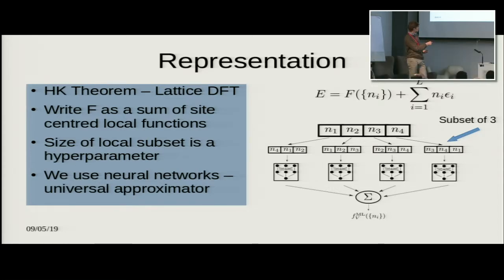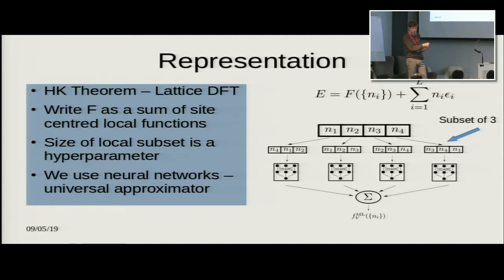So we write this universal function as a sum of site-centered local functions. For example, say we have a lattice with 4 sites, and we use a subset of 3. For each site, we take the first nearest neighbors, and so we have a subset of 3. Then we put this into a neural network, and we sum over all the sites.